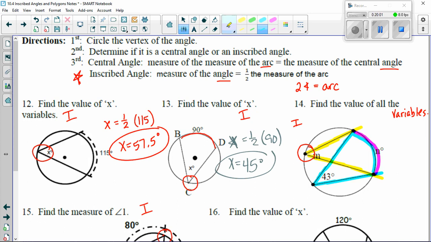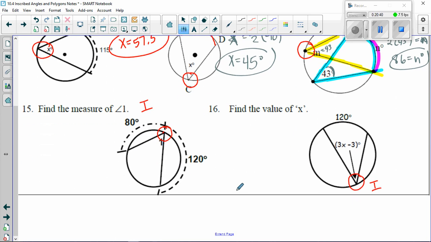So if this is 43 degrees, then I know this one is also 43 degrees because they share the same arc. So M is 43 degrees. 2 times 43 is equal to the arc, which is N. So 86 is equal to N. So the arc is always 2 times bigger.